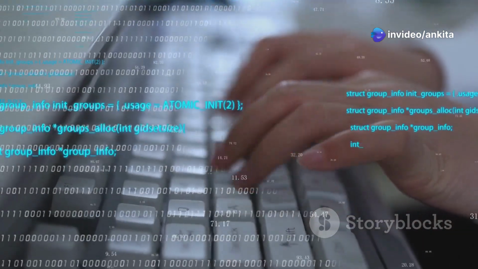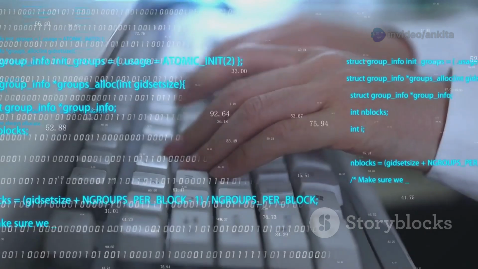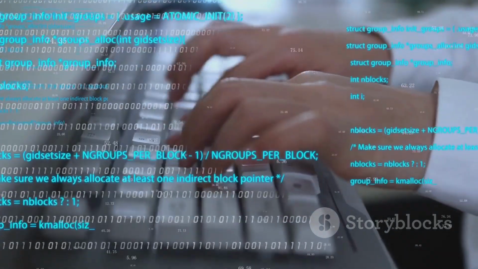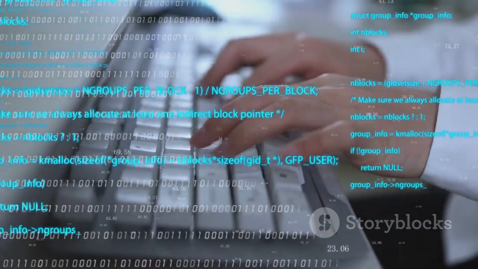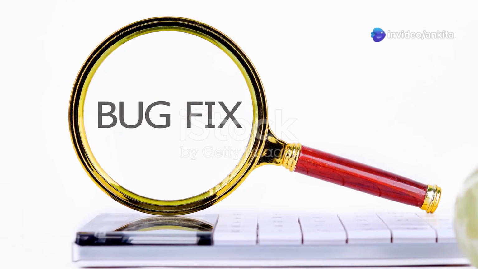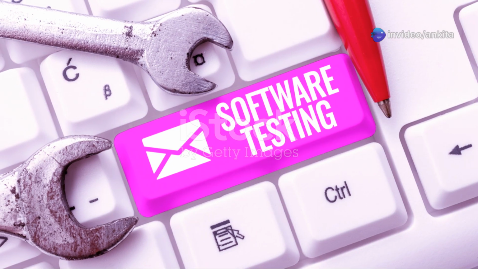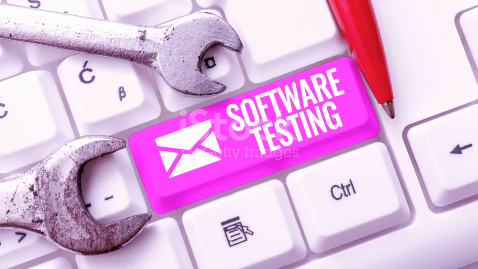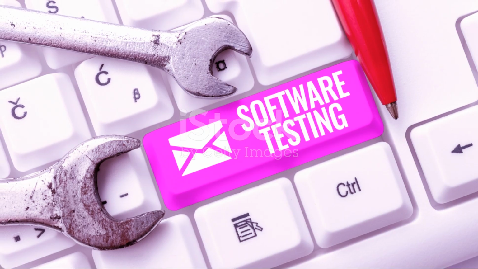By systematically challenging the software, testers ensure that it behaves as expected and can handle a wide range of inputs and conditions. This rigorous examination helps to identify and rectify problems before the software reaches the hands of the end users, significantly reducing the risk of failures in a live environment.